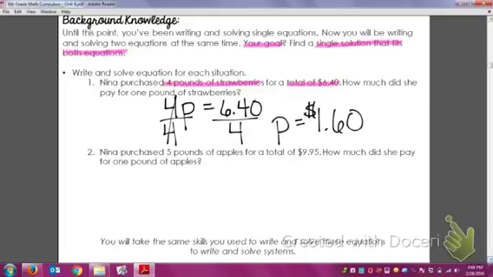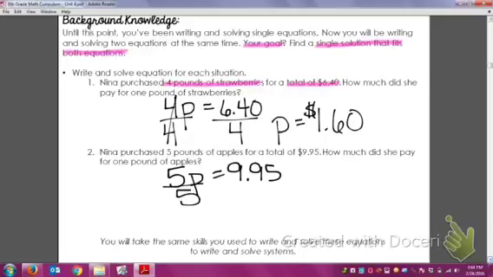All right, the second equation is 5 pounds of apples for a total of $9.95. Okay, so take a second, write that equation. What do you think it's going to be? Okay, hopefully it looks just like the top equation. 5p equals a total of $9.95.